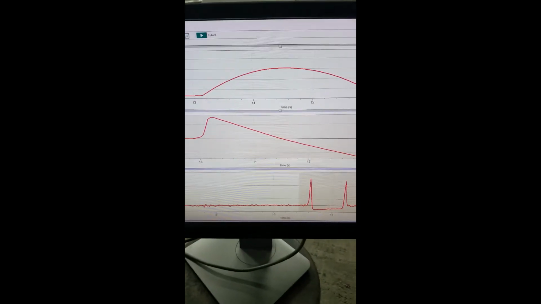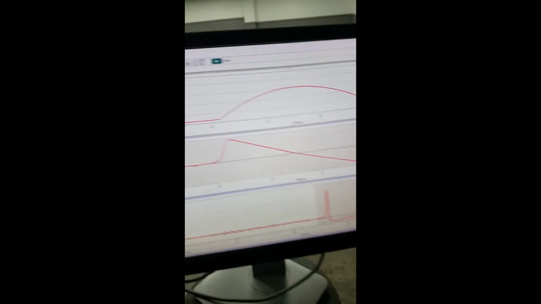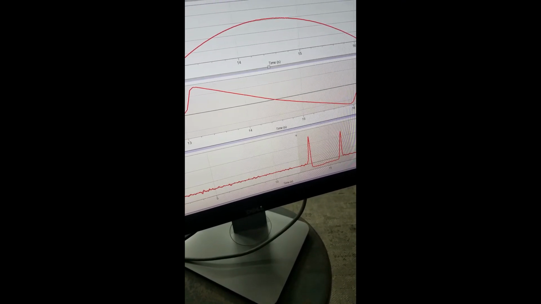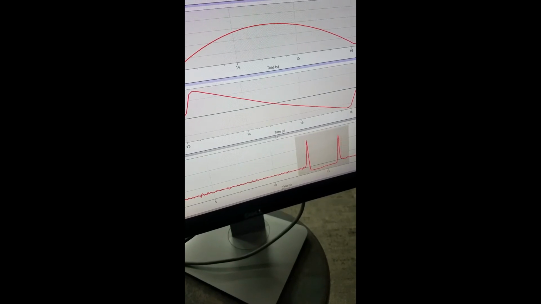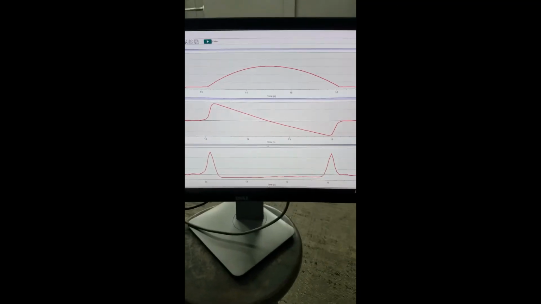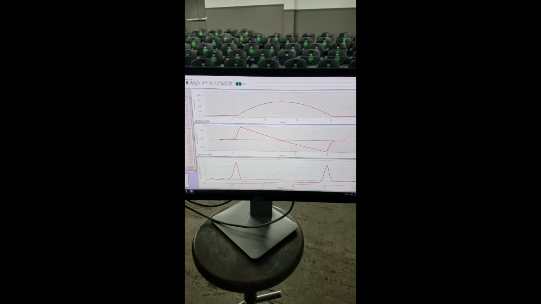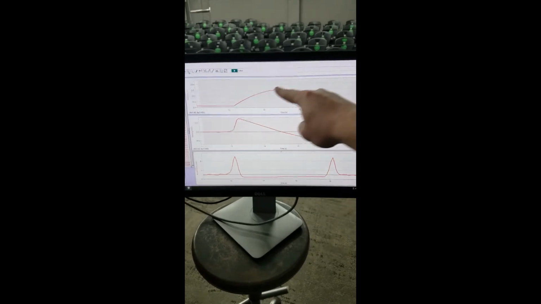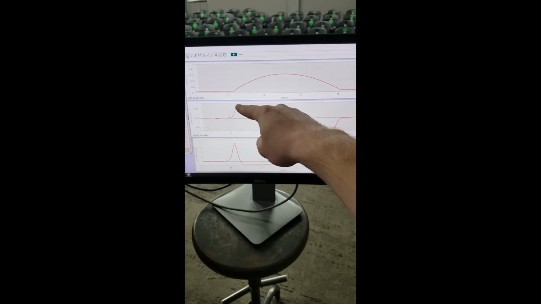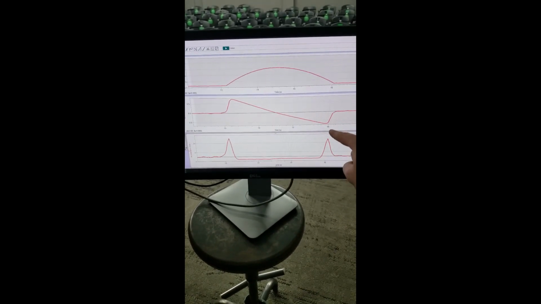As you can see, other than the extreme ends right here, this is where I started and stopped the experiment, our overall x versus time, we have a parabolic arc, and we start from a positive velocity, and we go down to a negative velocity.